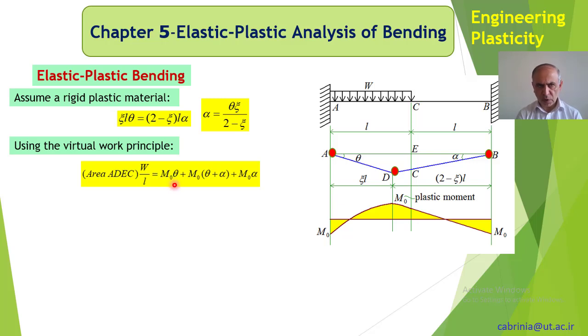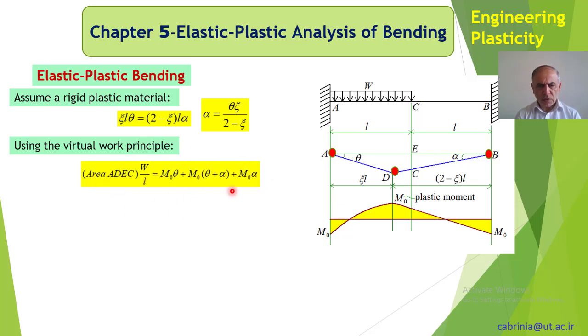We are just using work. So that's Newton meter. And M0 also at this D moves that much, so that link moves theta, and this link moves alpha. So alpha plus theta times M0 at D. And at this end we have M0 moving alpha, so M0 times alpha.